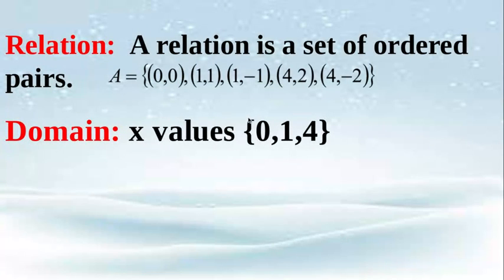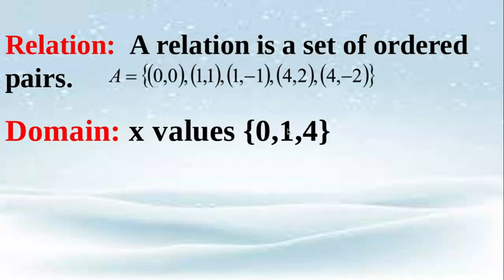Domain is what are the x values. So if we go through, what are our x's? We have 0, 1, 1, 4, and 4. And if you notice, you only write them one time. So you wouldn't put 0, 1, 1, 4, 4. If I have 2 repeated ones, I only need to list it one time.